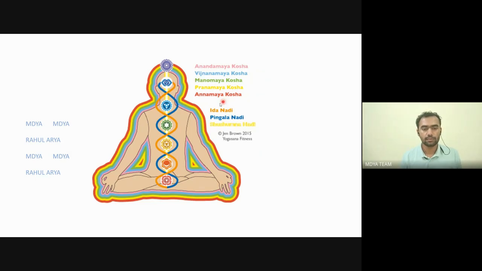Panchakos. In Taittiriya Upanishad it mentions the Panchakosa concept: Annamaya kosa, Pranamaya kosa, Manomaya kosa, Vijnanamaya kosa, Anandamaya kosa. Generally when we do physical exercise, it affects our Annamaya kosa. When we do breathing exercise, it affects our Pranamaya kosa. Okay.